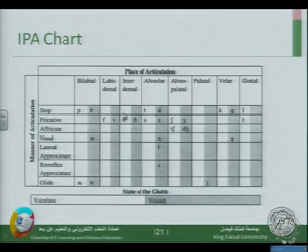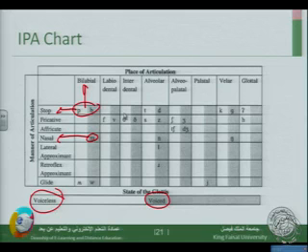Here we go. This is the IPA chart, the International Phonetic Alphabet. We covered P and B as stops, bilabial. P is voiceless and B is voiced. M we covered as a nasal, and it is voiced. W we covered as a glide, bilabial.